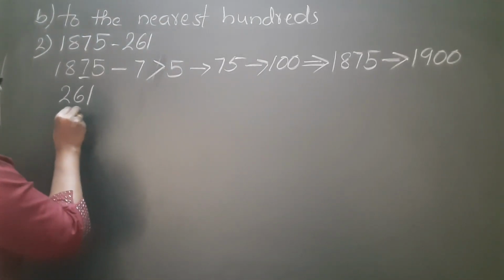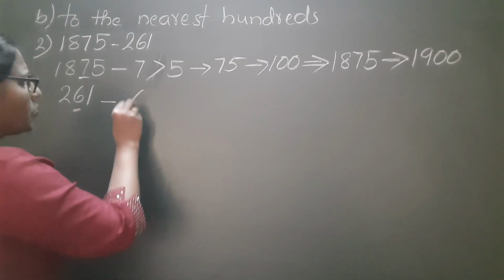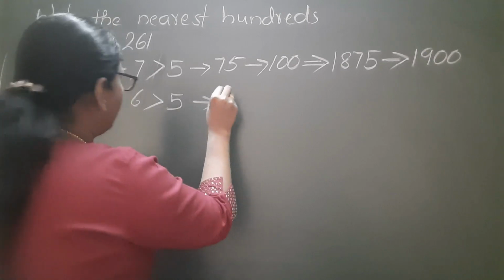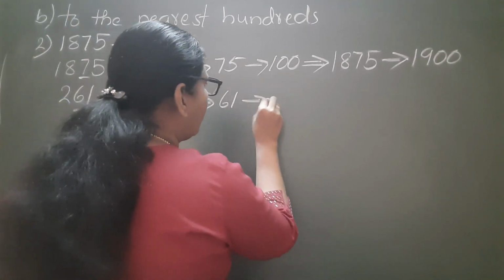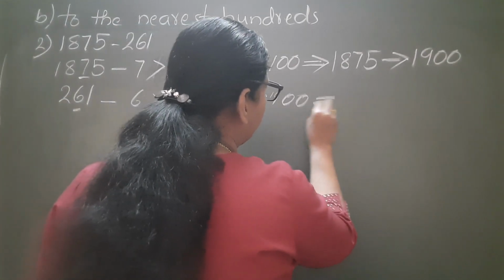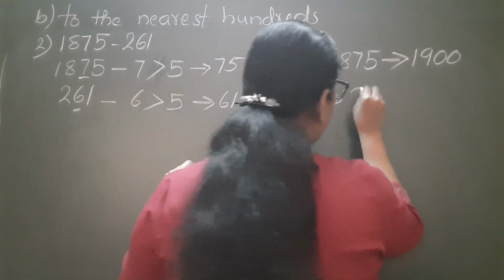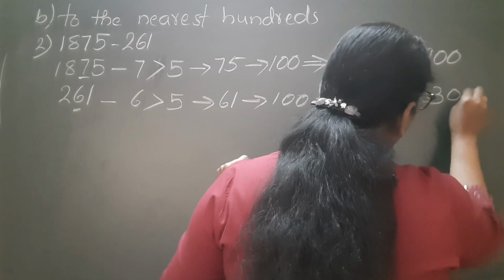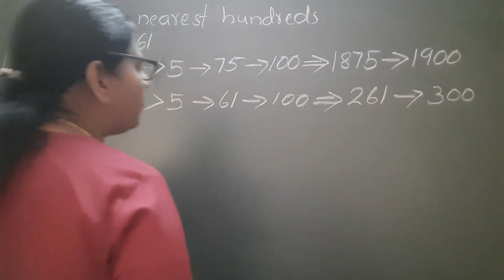261. In this, 6 is in the tens place. 6 is also greater than 5, so 61 rounds off to 100. So 261 rounds off to 300.